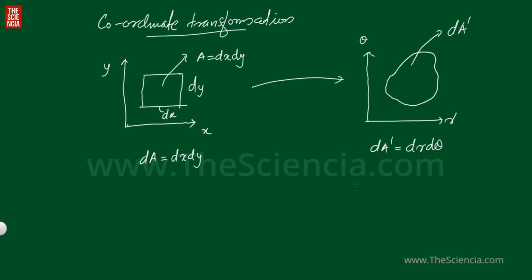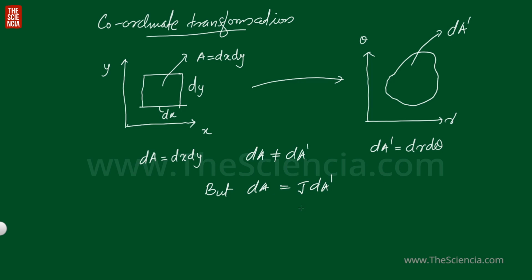But there is a problem. This dA element should not be equal to dA prime. That is, dA, which is dx dy, should not be equal to dr d theta. But they are equal if dA is equal to j dA prime.